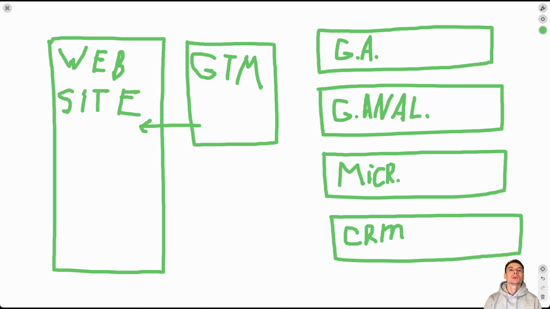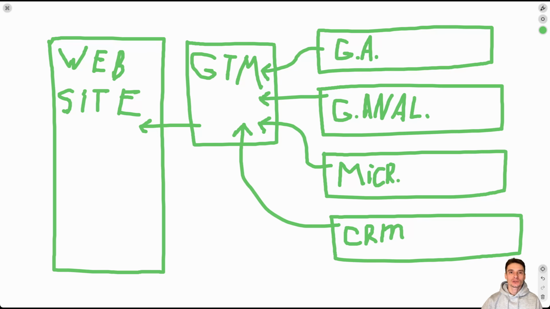And that's it. All other services, all those codes, get added inside Google Tag Manager. Do you see how awesome that is? It's seriously amazing. And then you'll be able to test those codes using Google Tag Manager even before we publish the changes.